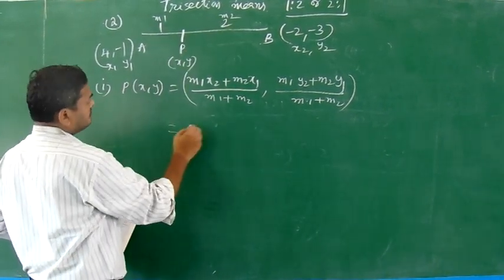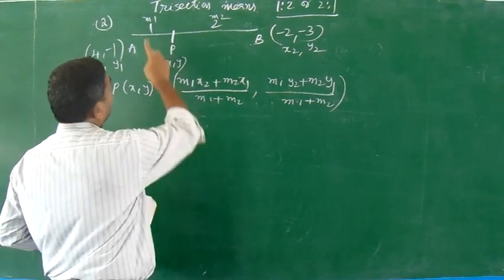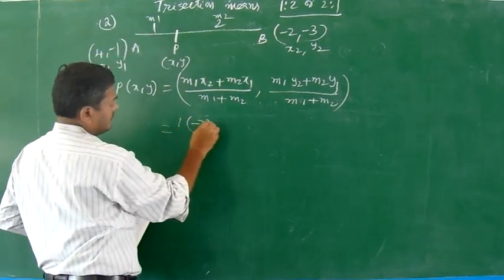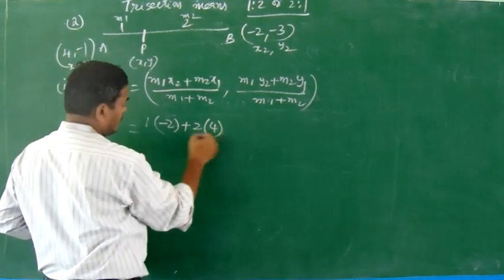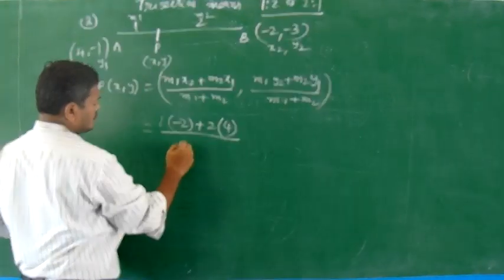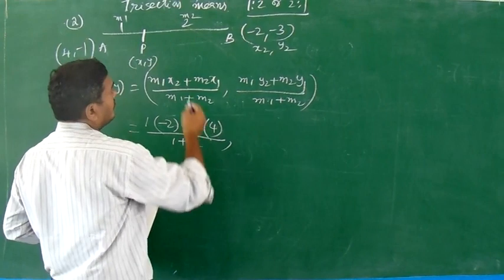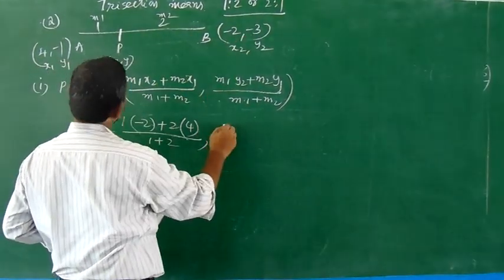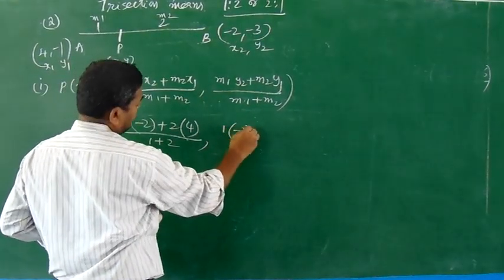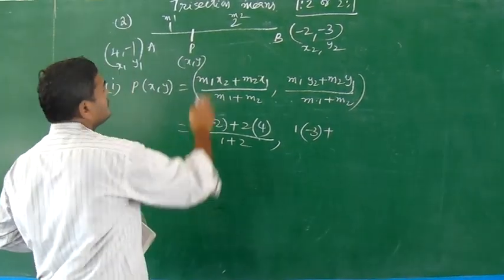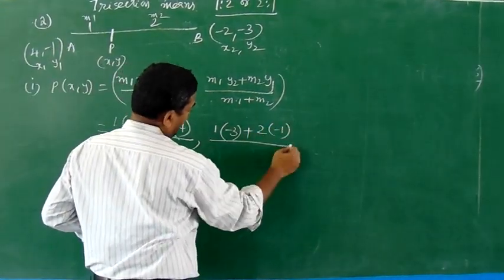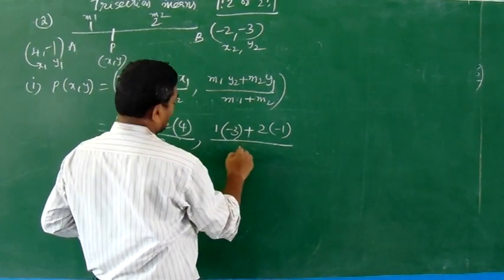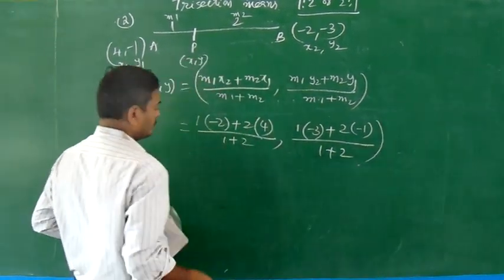Now 1 into -2 plus 2 into 4 by 1 plus 2, and 1 into -3 plus 2 into -1 by 1 plus 2.